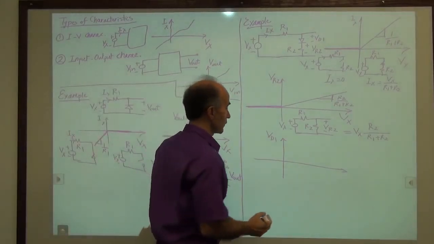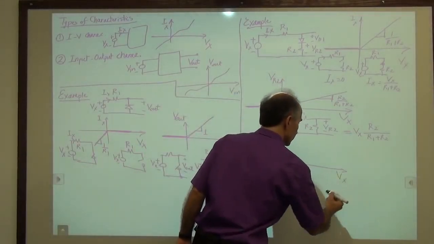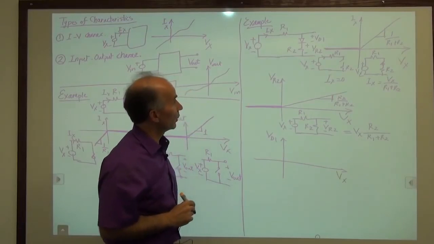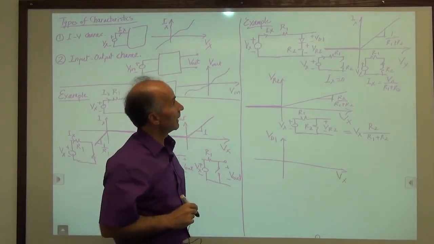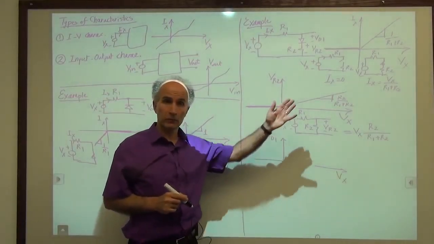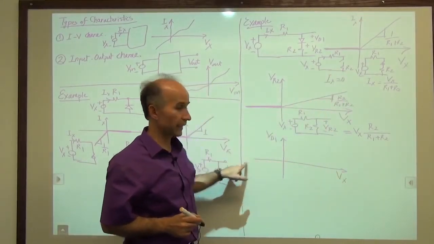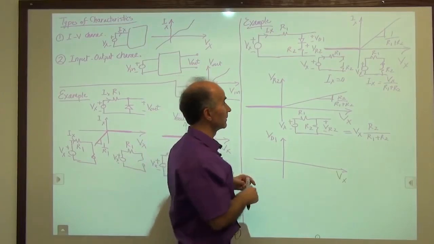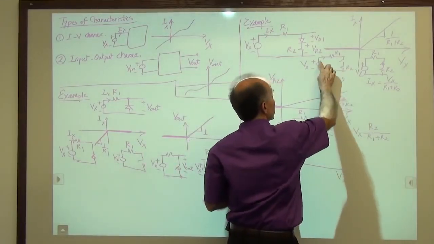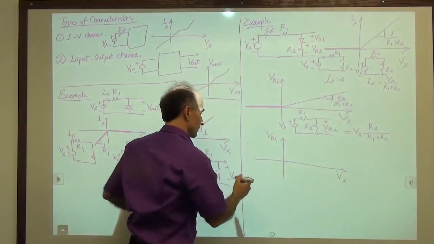All right, so VD1 as a function of Vx. Okay, well, again, we go back to the fundamentals, what we analyzed originally. We said if Vx is negative, the circuit reduces to this topology. So let me redraw that topology here.